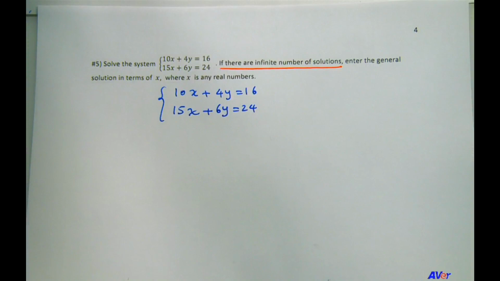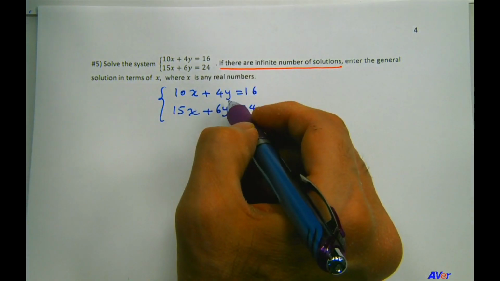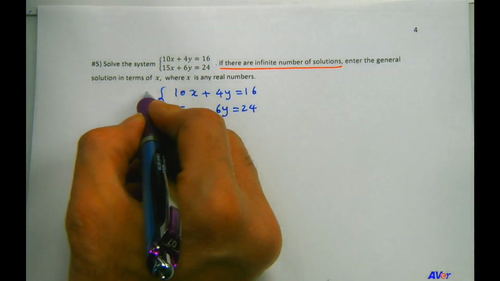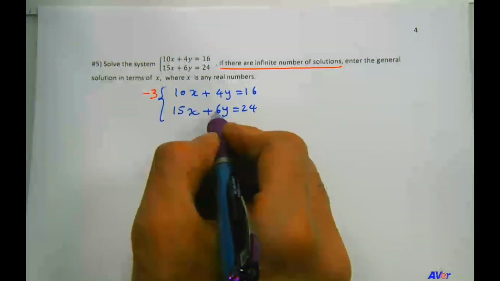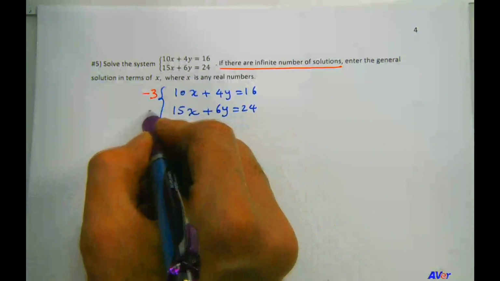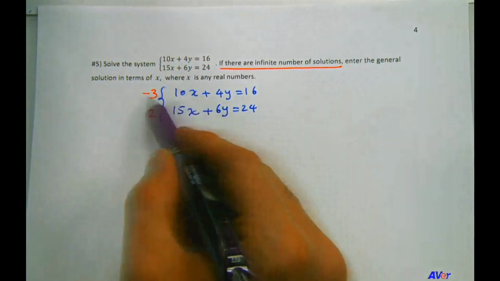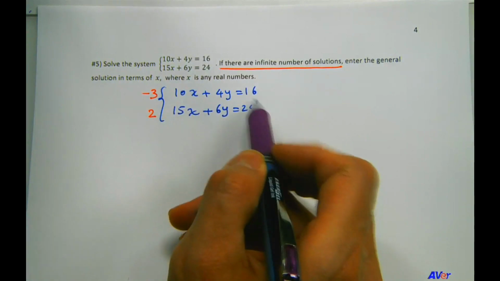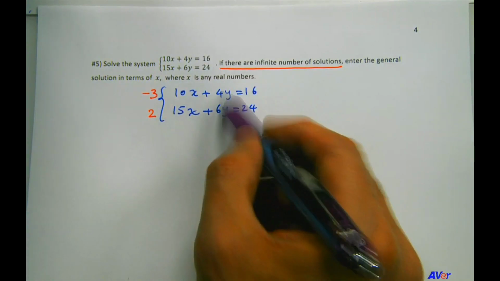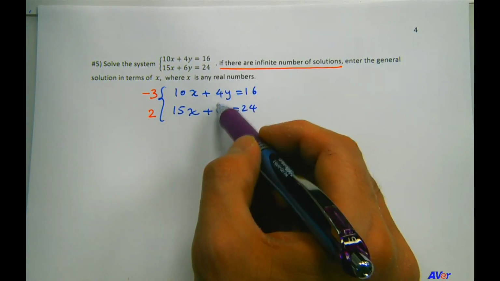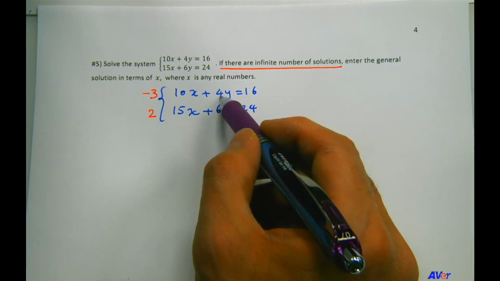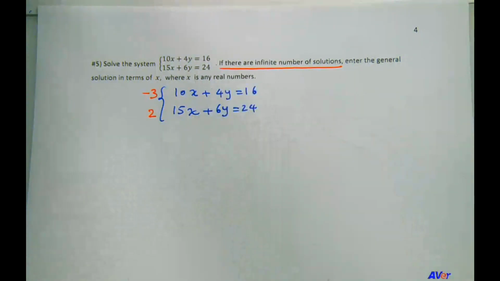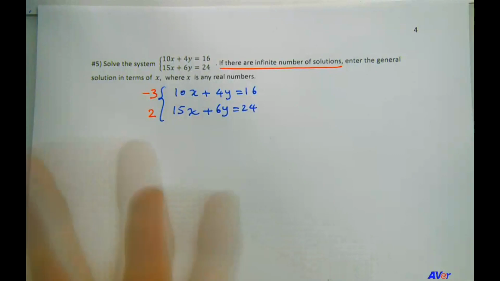I'm going to eliminate the y terms, so I'm going to multiply the top equation by minus 3 and the bottom equation by 2. Then the coefficients of the y variables become negative 12 and positive 12, which means I can add them and eliminate the y variable. Okay, so that's my plan at least.